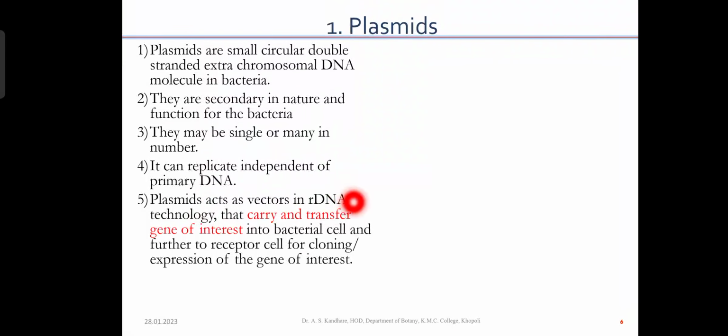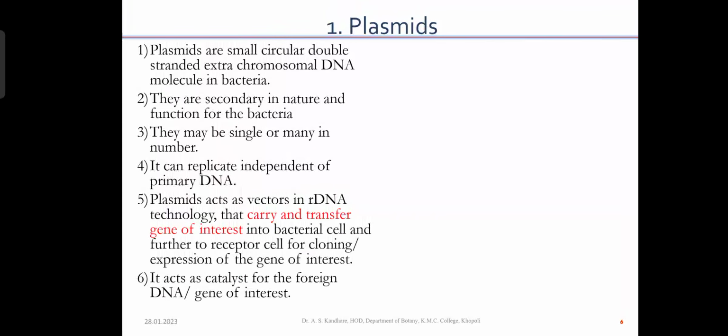Plasmids act as vectors in rDNA technology that carry and transfer the gene of interest into a bacterial cell and further to a recipient cell for cloning and expression of the gene of interest. So this is the prime function of the plasmid. Here you can see that the plasmid can carry the gene of interest and transfer it into the desired cell through the bacteria, and we can make a number of copies of our gene of interest with the help of these plasmids.